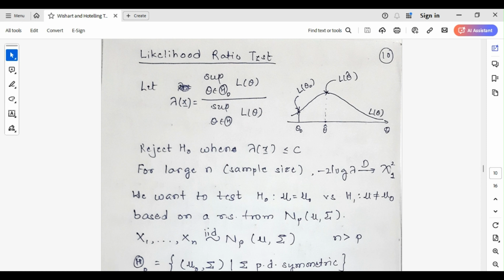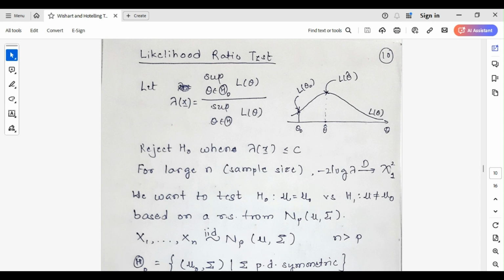So lambda x won't be exactly equal to 1 when the hypothesis is true. It could be approximately equal to 1 or closer to 1. So in short, higher values of lambda x will indicate that one should not reject the null hypothesis.